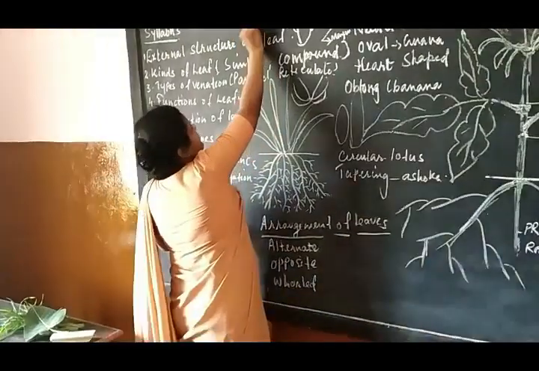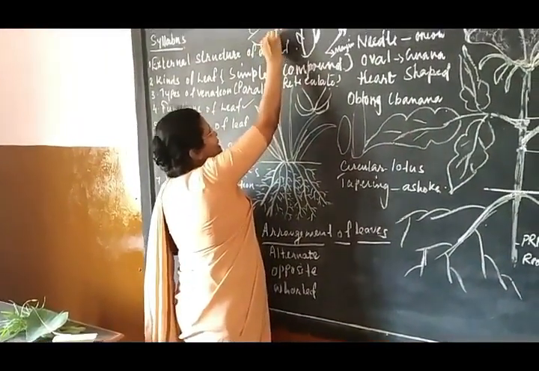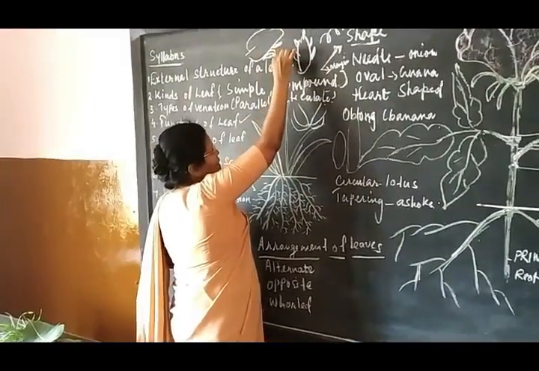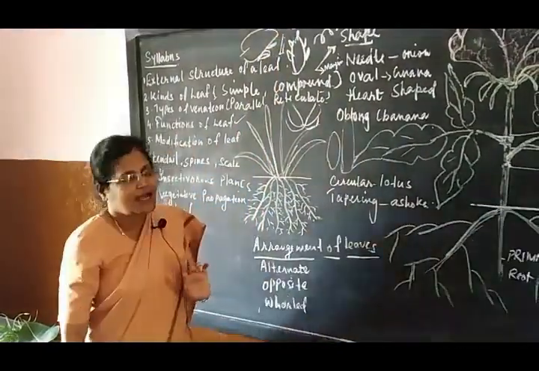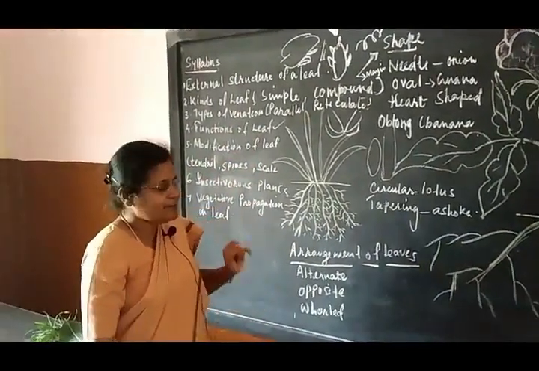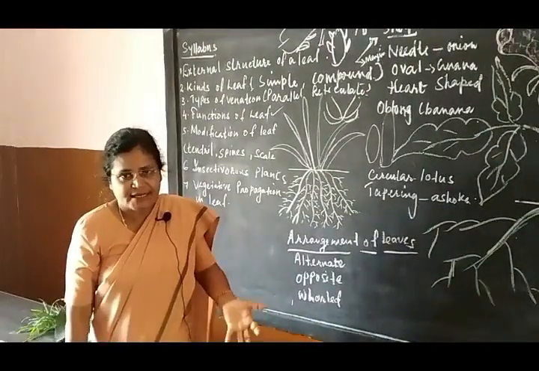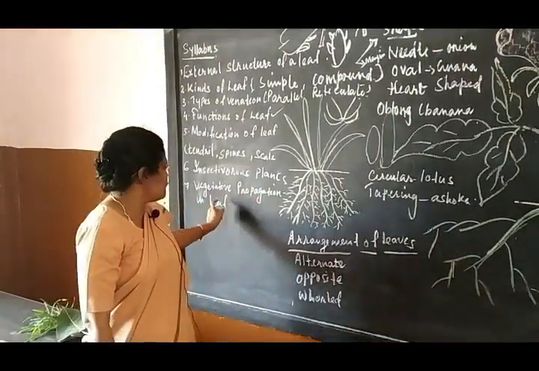So the leaf is like this, suppose, and it gives rise to a small bud. When you break this bud and plant it in the soil, it gives rise to a new leaf and it gives beautiful scented flowers. So bryophyllum is an example where the plant gets propagated or multiplied with the help of leaf buds.